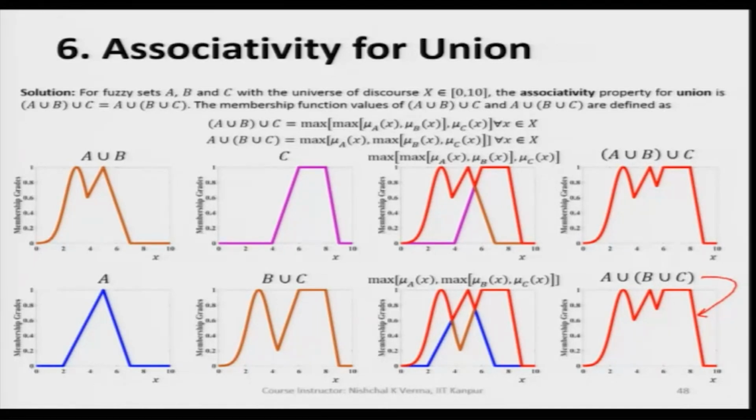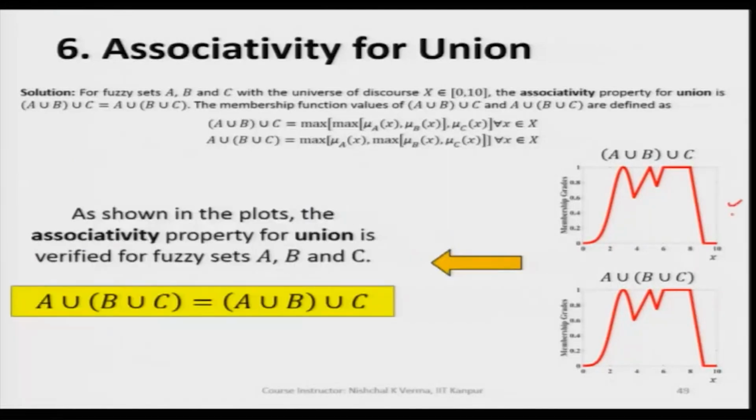So, we can clearly see that these two outcomes are same in both the cases, means either we take A union B union C or we take A union of B union C. So, we can clearly say that the associativity property for union is satisfied or verified for fuzzy sets A, B and C.